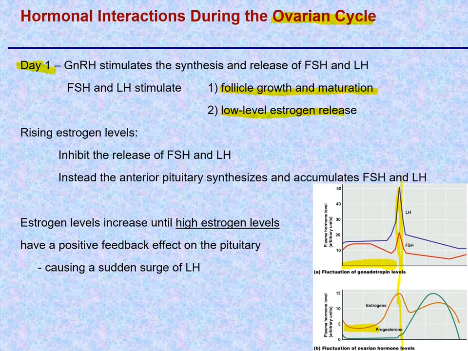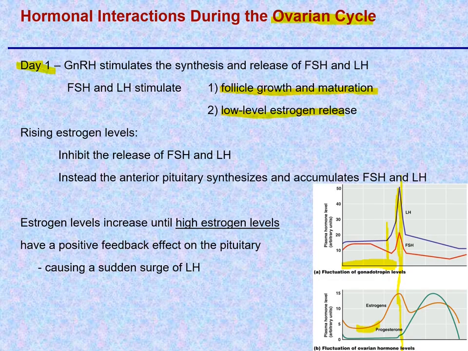So the rising level of estrogen in the latter stages of the follicular phase, this rising level of estrogen, low levels then slightly rising level, inhibits the release of FSH and LH, as you can see, it's not getting released here.